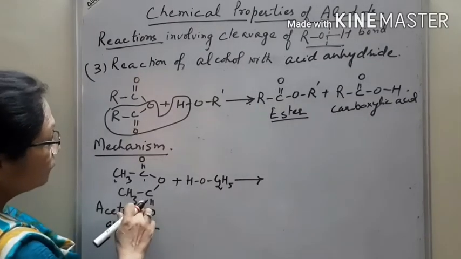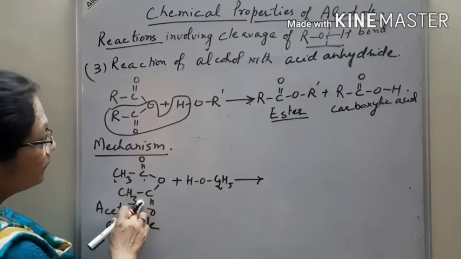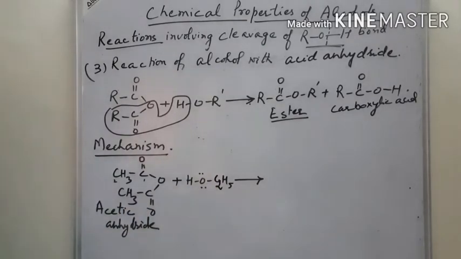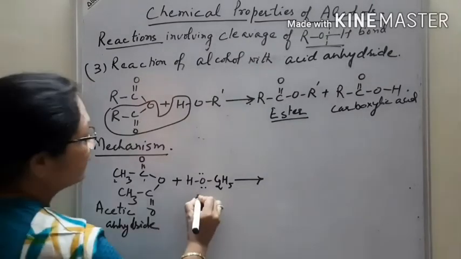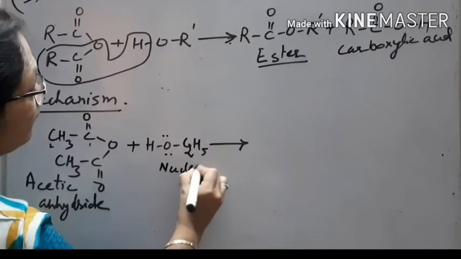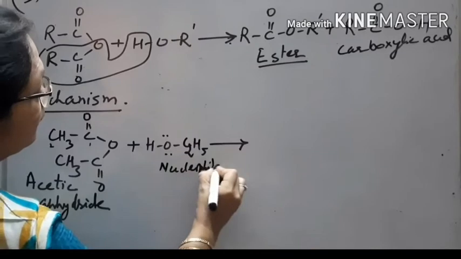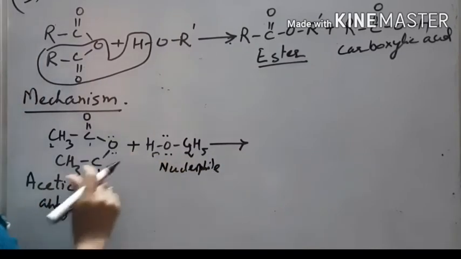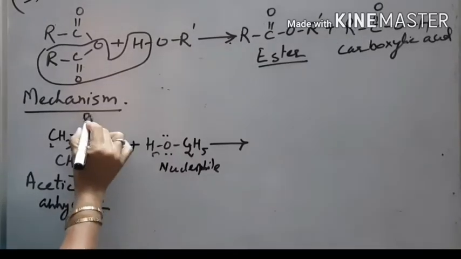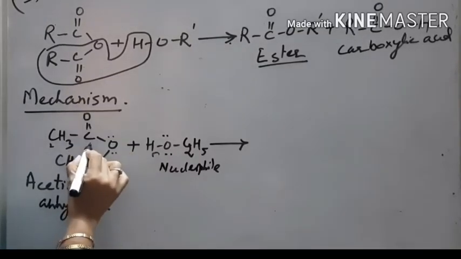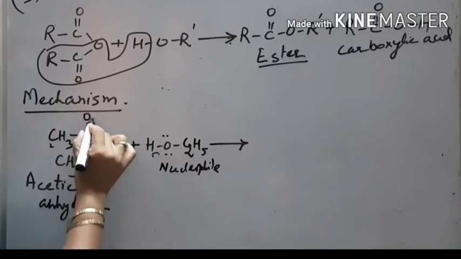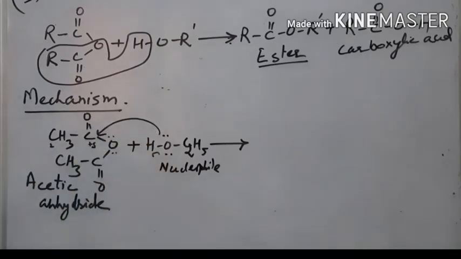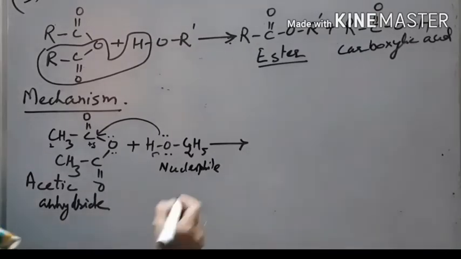Now during the mechanism, this alcohol has lone pair of electrons, which acts as a nucleophile. That carbon is electron deficient, so it has partial positive charge, right? And the nucleophile attacks the carbonyl carbon, right?